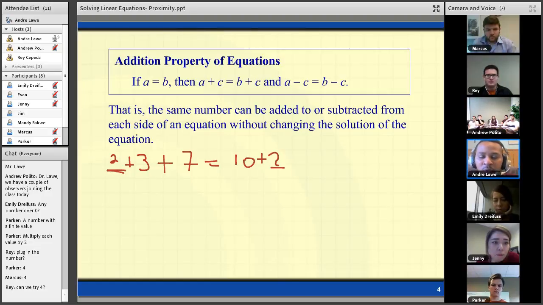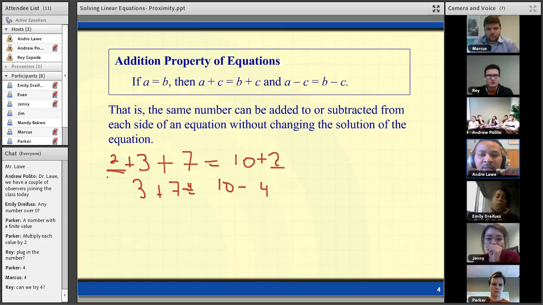Now we end up with 12 and 12 on both sides. Similarly, if we go back to our original equation and we subtracted 4 on both sides, there's still equivalence. So the addition property tells us if we add or subtract the same number from both sides of the equation, it's not going to change the solution to the equation. Still will be equivalence.